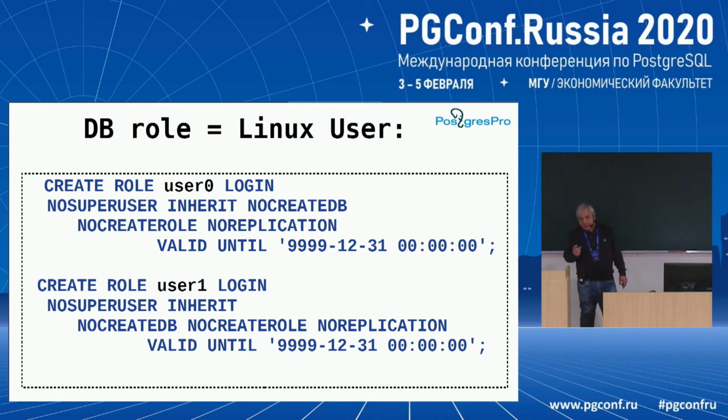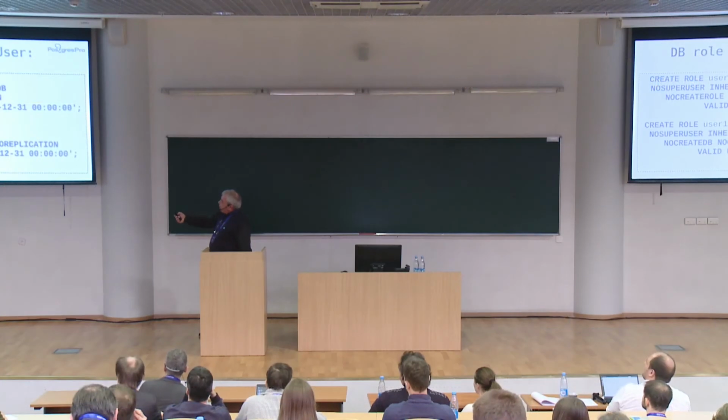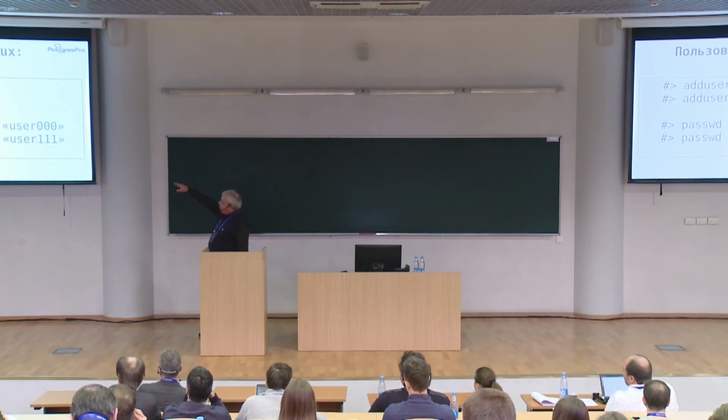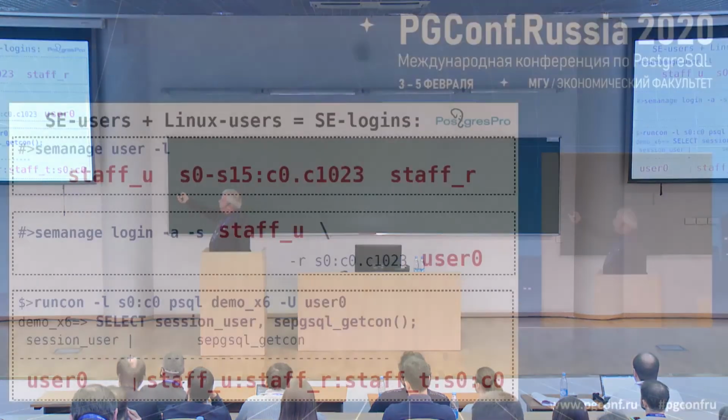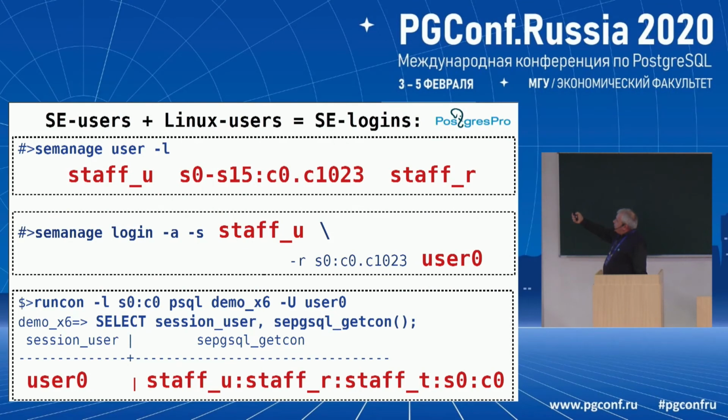A small nuance that will be very critical. This is a fragment from the last post-installation script. So you create a number of users, a set of users. Those users with those names should be present in SELinux. Why? Because the approach is very simple.